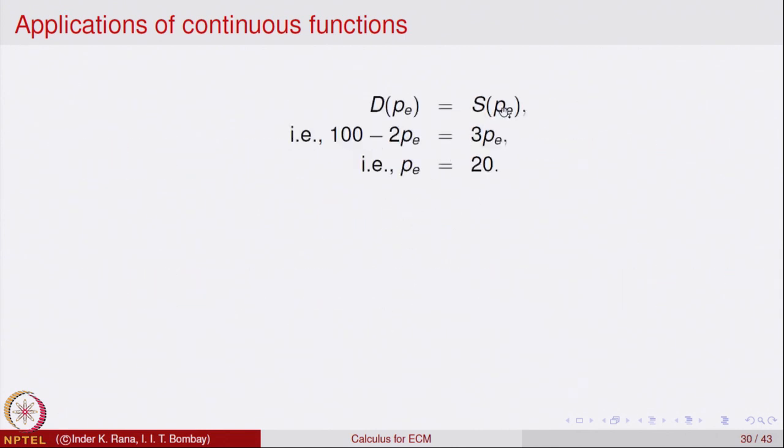So, D of PE is equal to S of PE, demand is equal to supply, that is another way of doing it, and that will give you that 100 minus 2 PE is equal to 3 times PE. So, from here you get PE equal to 20. So, when the price is equal to 20, demand will be equal to the supply and there will be equilibrium.